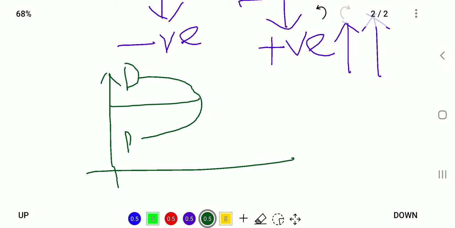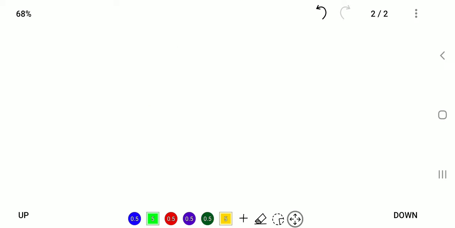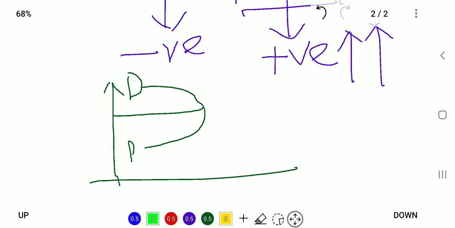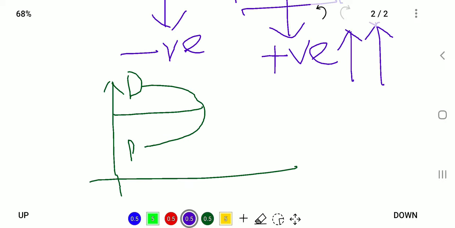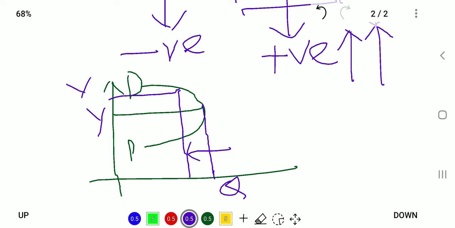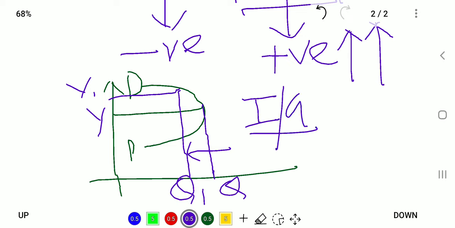So when income is at Y, demand is Q, and when income is Y1, demand reduces to Q1. So in that case, for inferior goods, income elasticity is always negative.